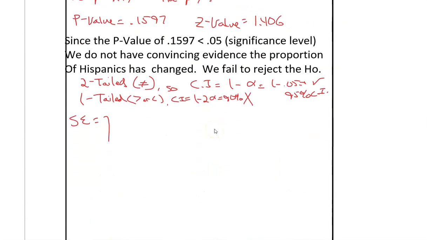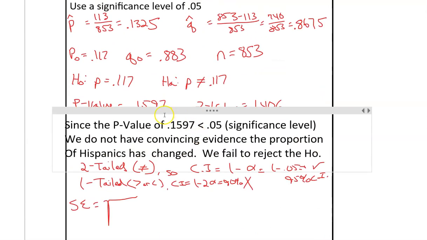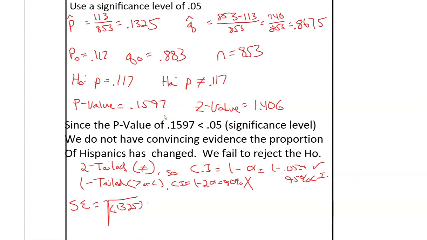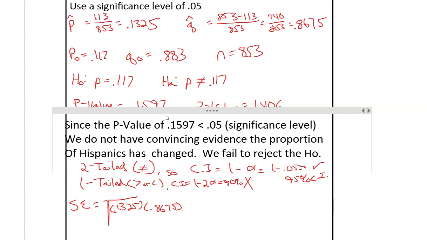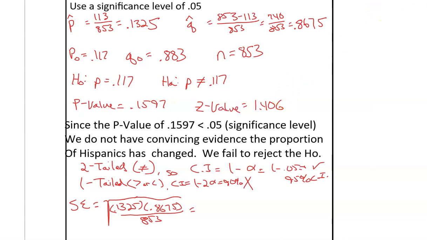That is the square root of, and p hat is 0.1325, and q hat is 0.8675 over n, which is 853. So if I want the standard error, that would be my calculation for it.